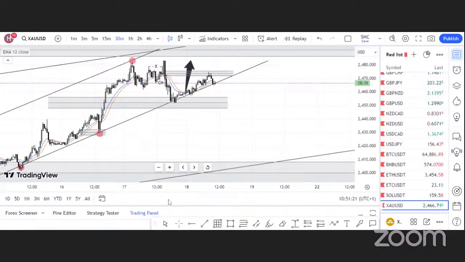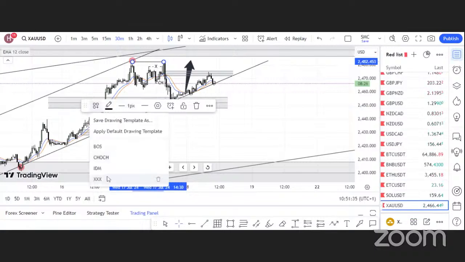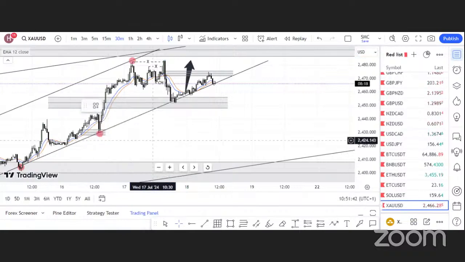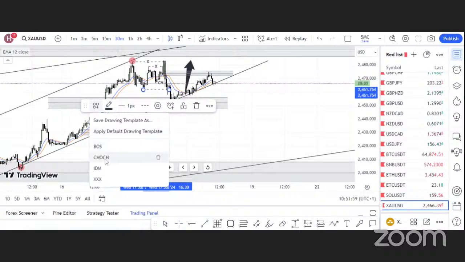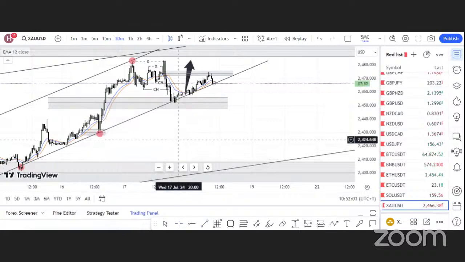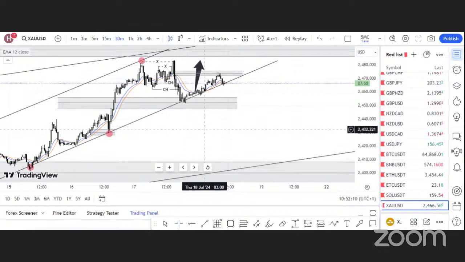So all you can do is follow the trend of the market, not go against it.